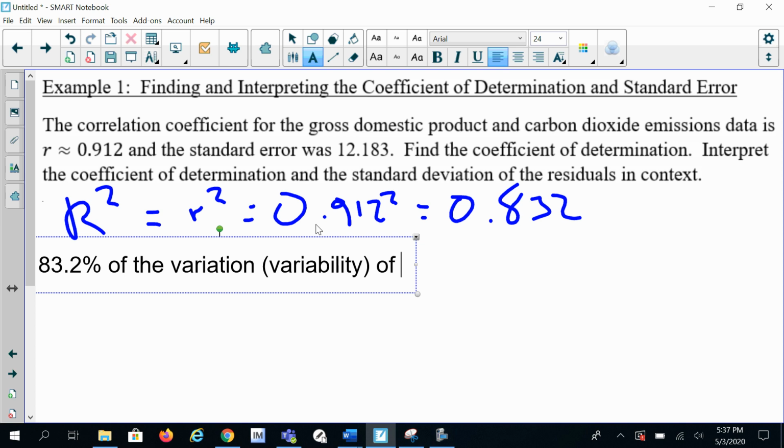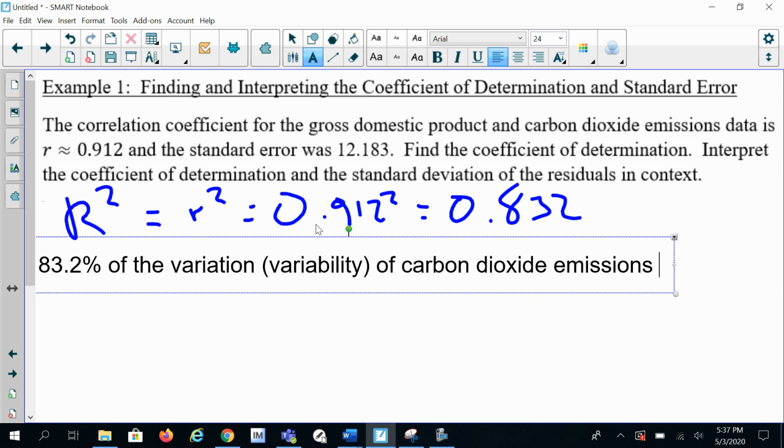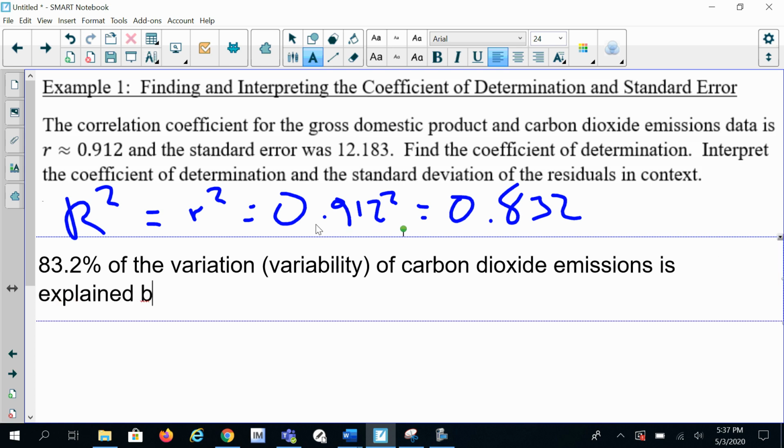So 83.2% of the variation in or of carbon dioxide emissions is explained by the linear relationship with x, but same thing. We don't want to write x, we want to write what x is.